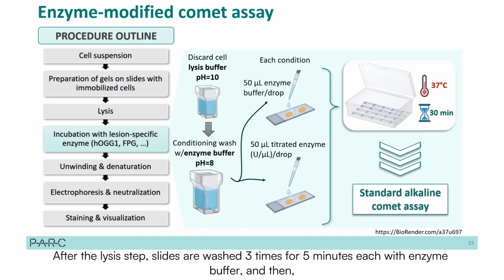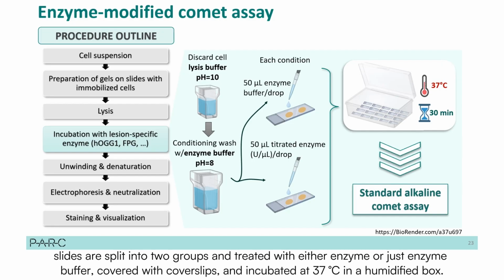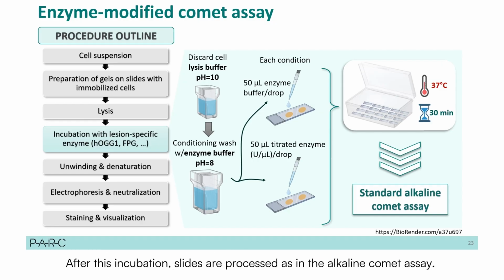After the lysis step, slides are washed 3 times for 5 minutes each with enzyme buffer, and then slides are split into 2 groups and treated with either enzyme or just enzyme buffer, covered with cover slips and incubated at 37 degrees in a humidified box. After this incubation, slides are processed as in the alkaline COMET assay.